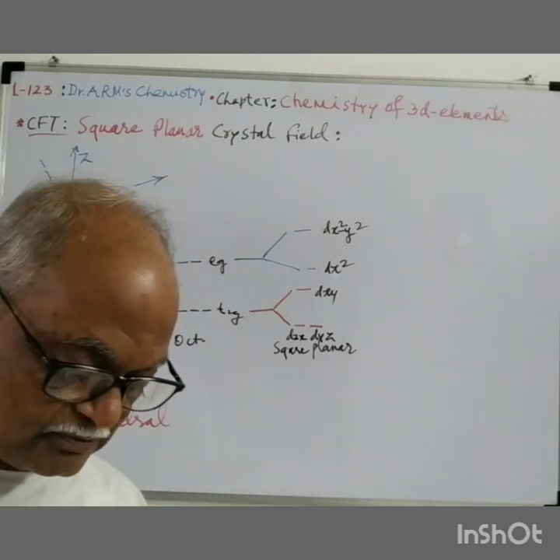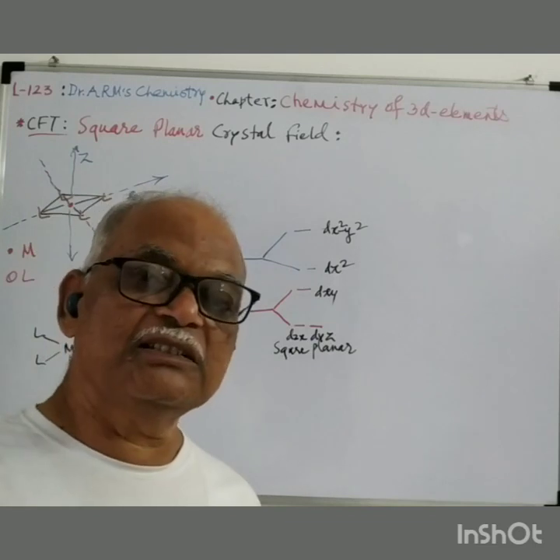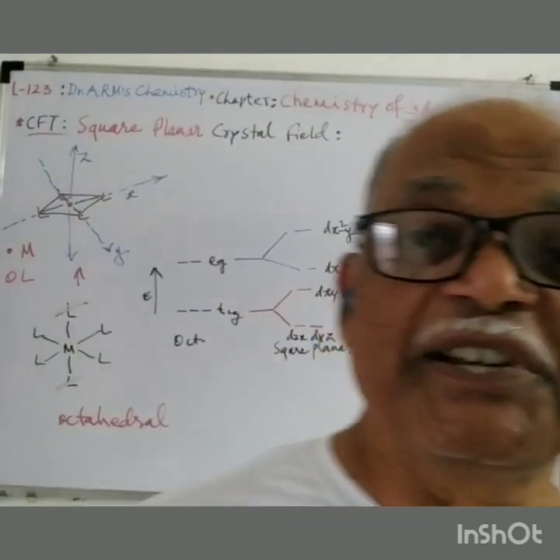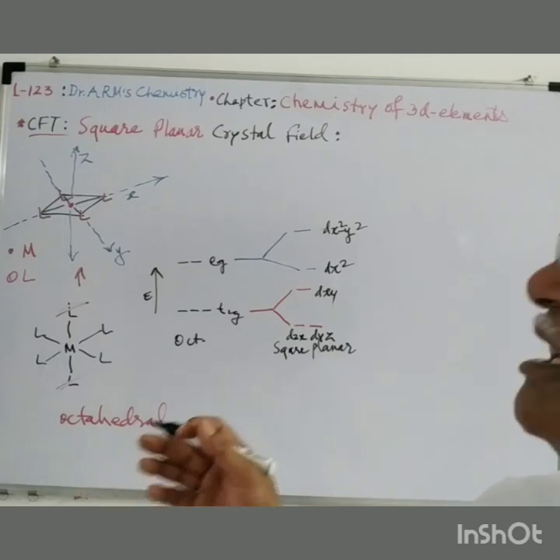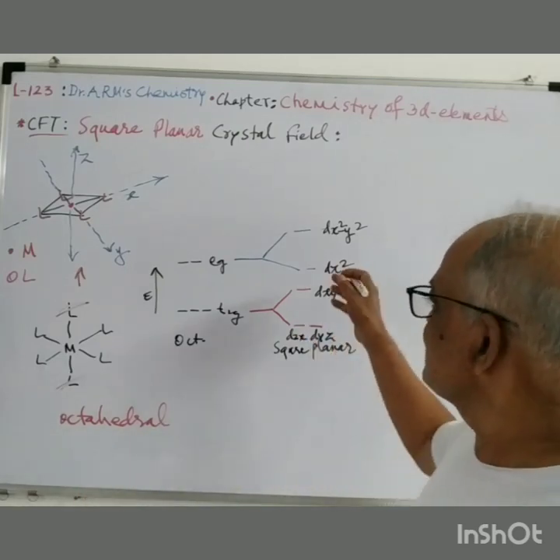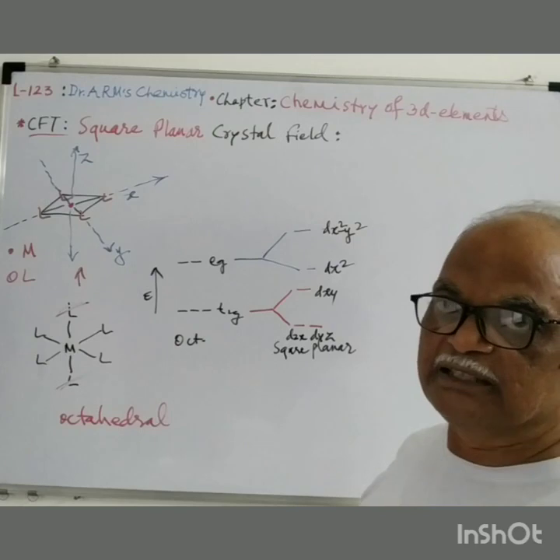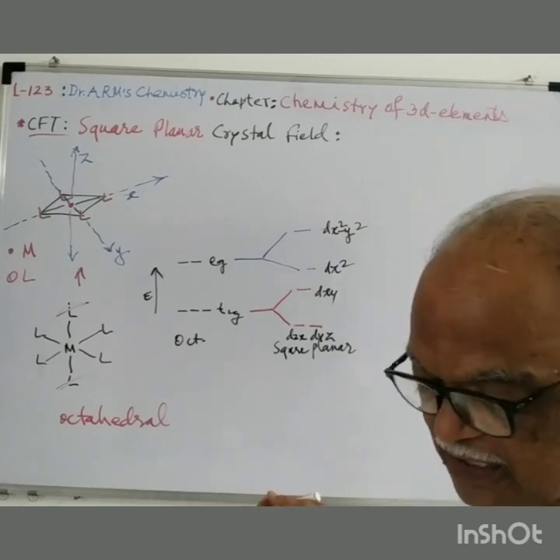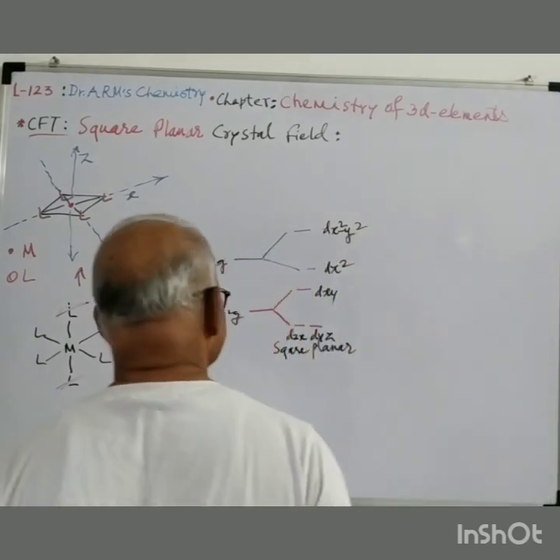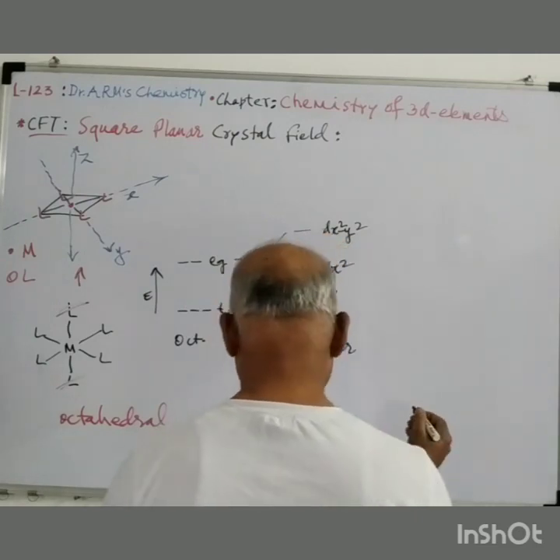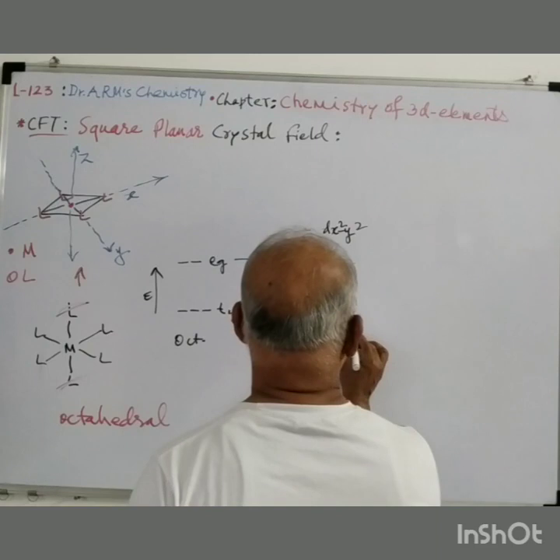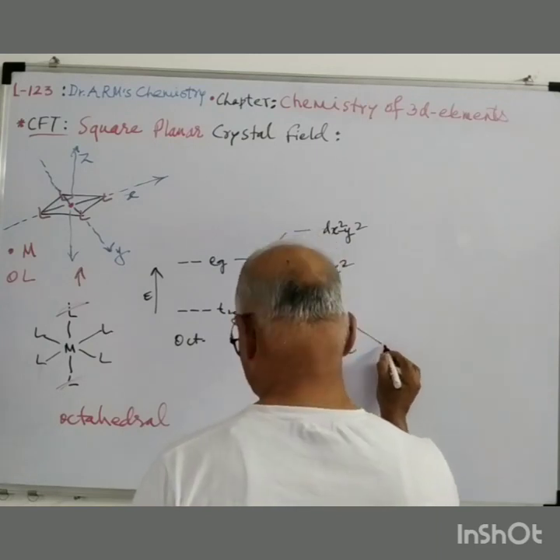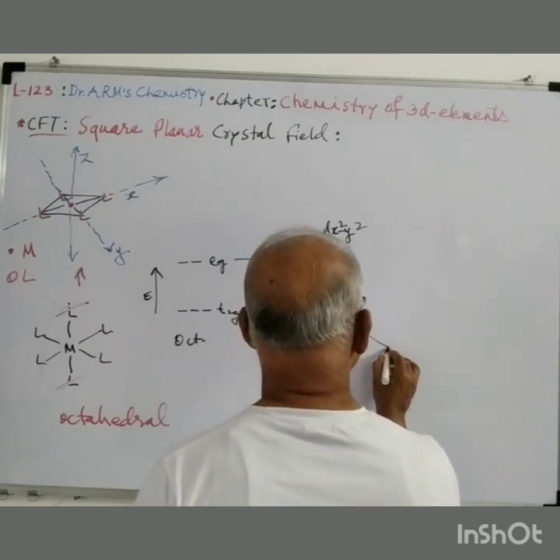But when the ligand field is increased, when strong field ligands are used, then the splitting also changes, meaning there is some distortion. The energy of these structures is lowered. We can show this in this way.